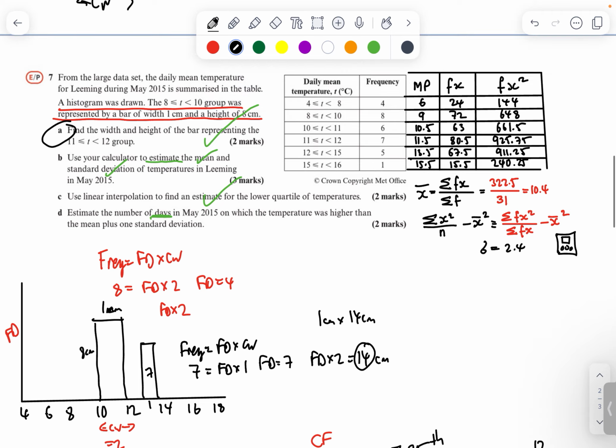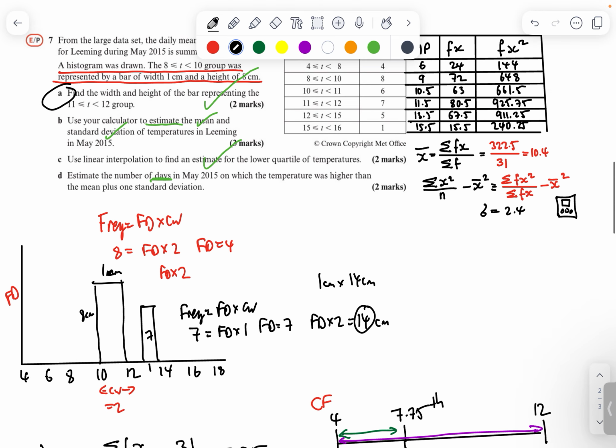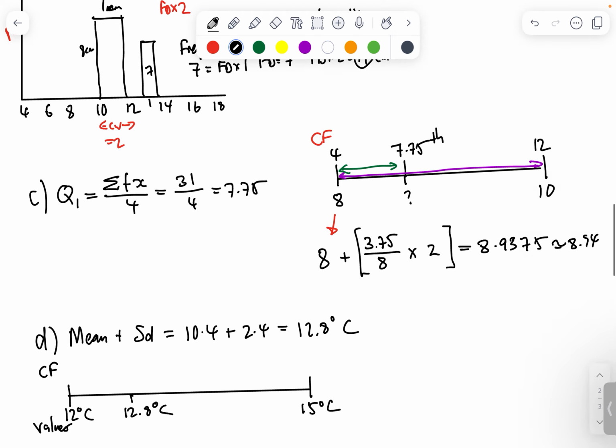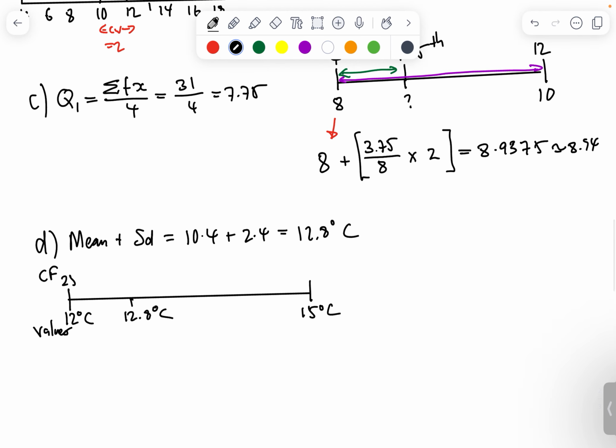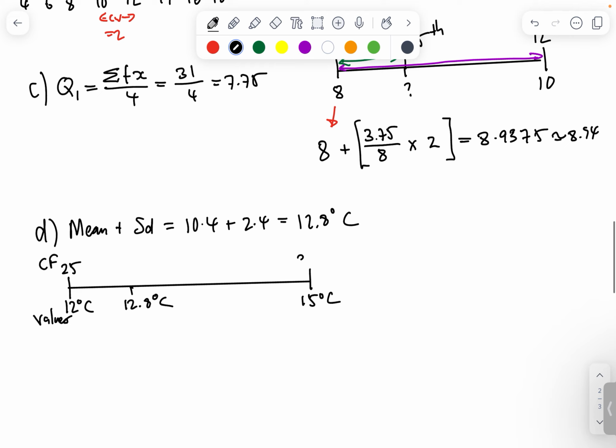So now for that group, the temperature goes from 12 degrees C to 15 degrees C. I'm looking for how many days are above 12.8 degrees C. That's our cumulative frequency. So there are 4, 12, 18, 25 days before. So my cumulative frequency is 25. And by the end of this group, there are 30.